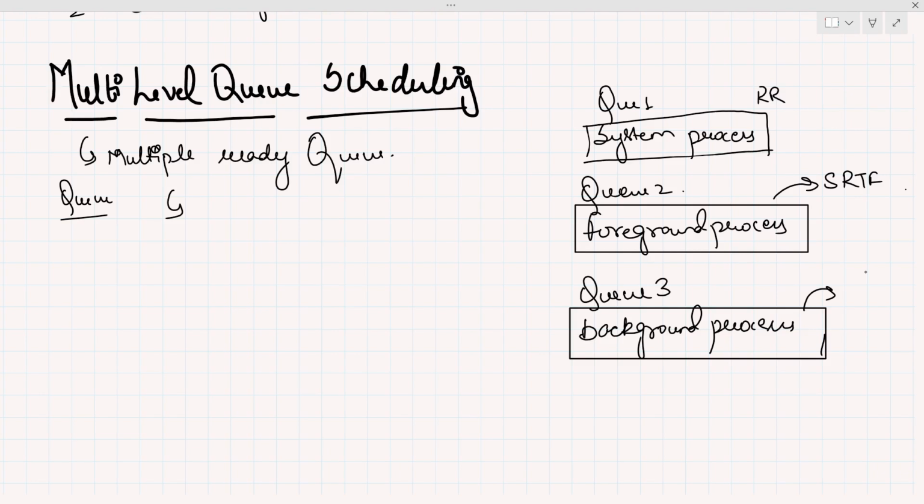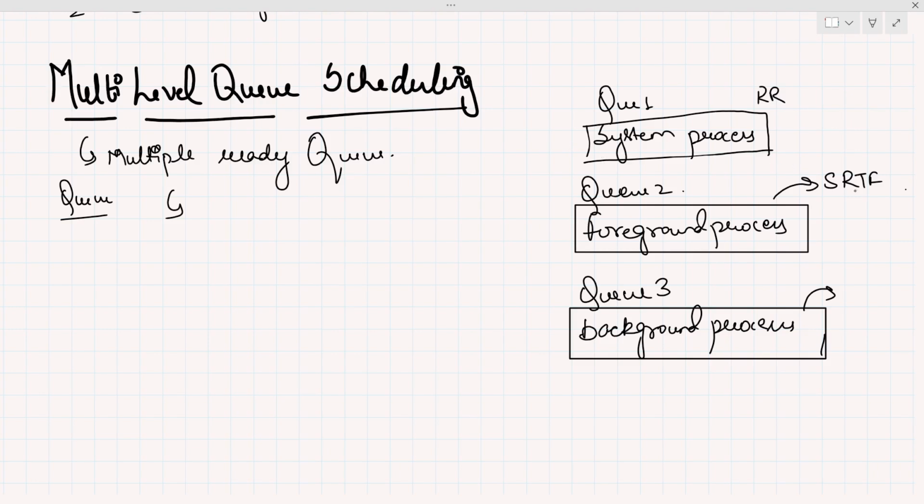And one more thing: Q1 is different, Q2 is different, Q3 is different. So what does this mean? This means that whatever processes are available in Q1, we cannot switch them to another queue.